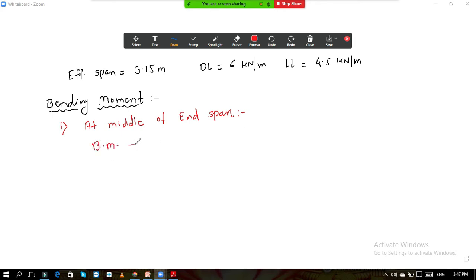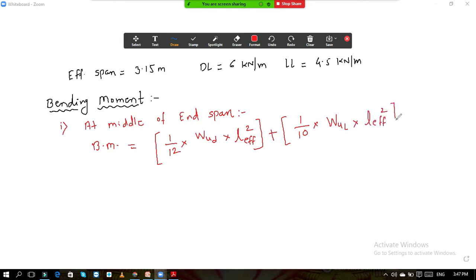Bending moment is equal to 1 by 12 into dead load, WUD, where WU means ultimate load and D stands for dead load, into L effective square. We are going to take the effective span. Plus the coefficient for live load, 1 by 10, into ultimate live load WUL, into L effective square.